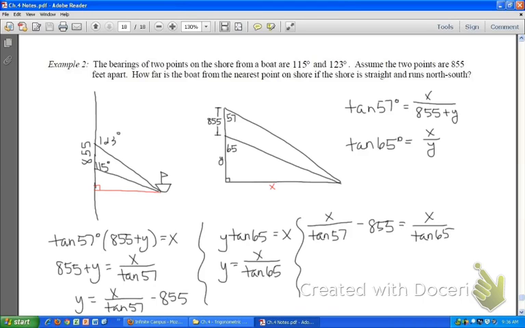You're trying to isolate x, so how do you do that?